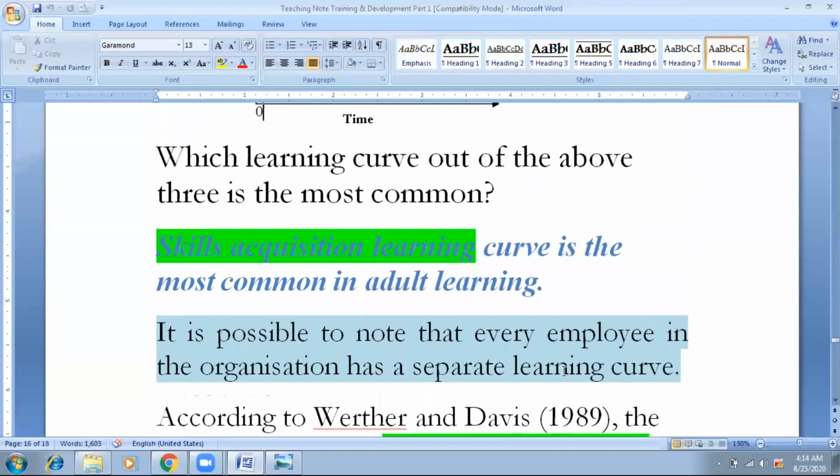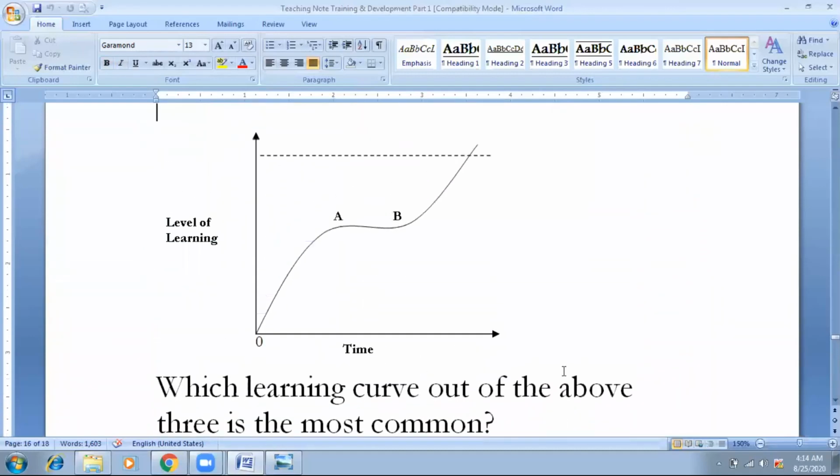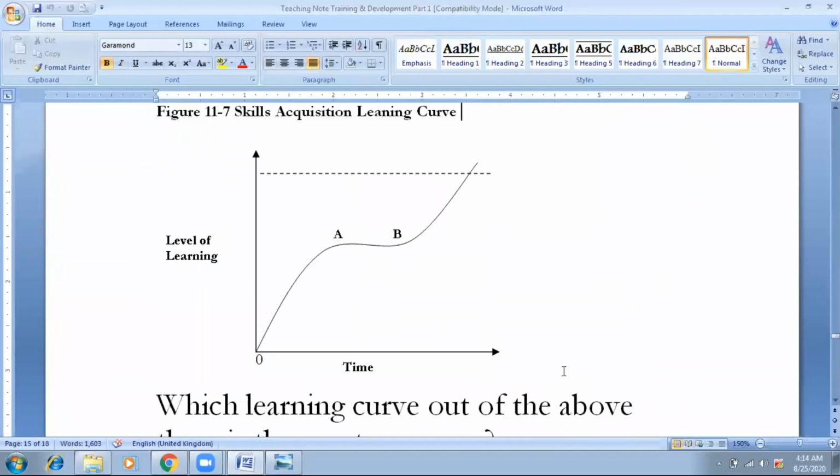Let us take a word process. This salesman is supposed to get the relevant information about 5 products. Assume that learning the relevant information about these 5 products will take 1 week.